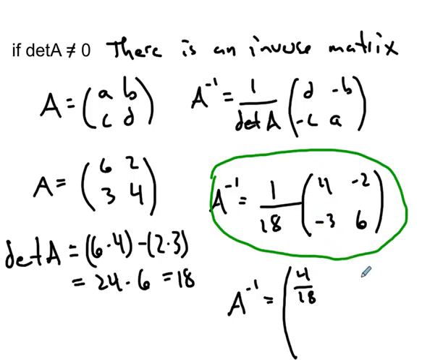So we're going to say 4 over 18, negative 2 over 18, negative 3 over 18, and then finally 6 over 18. Now, of course, these can all be simplified down to lowest terms. I'm running out of space, time, and breath, so you can do that on your own.